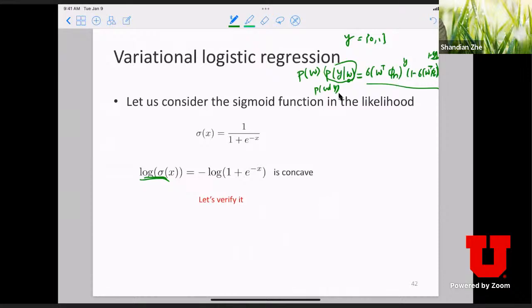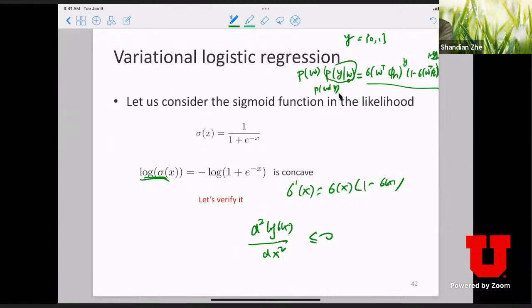You should leverage the property that the derivative of sigmoid is sigmoid times 1 minus sigmoid. With this property, it is very easy to show that the second derivative of log sigmoid over dx squared is always less than or equal to 0. From that you can show that the log sigmoid function is concave, not convex. That means you cannot directly use the convex conjugate.